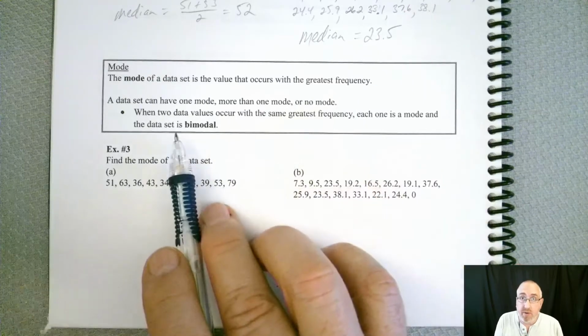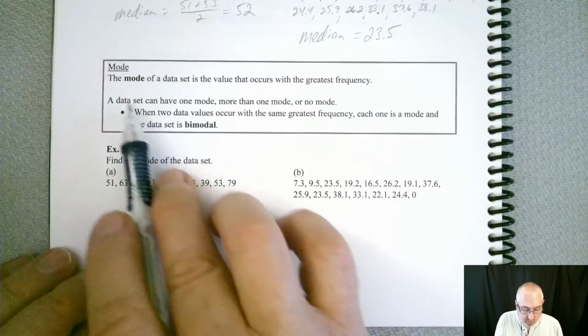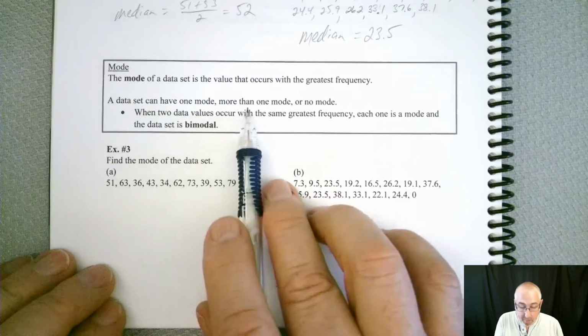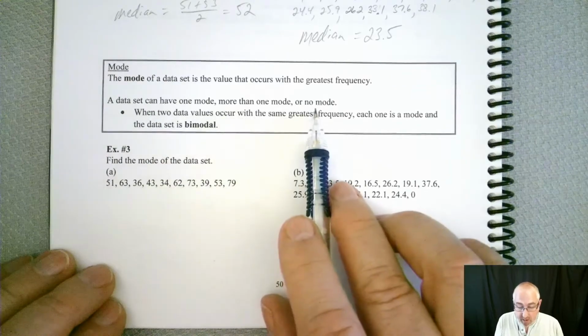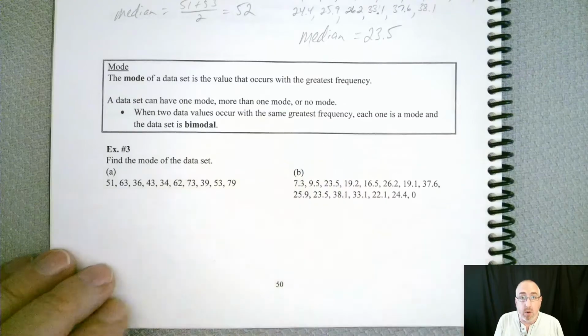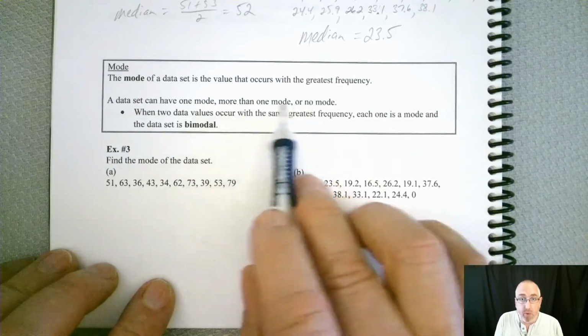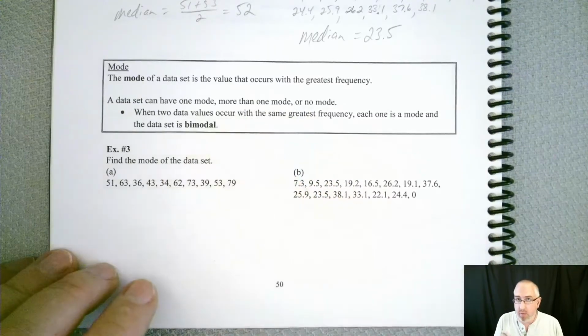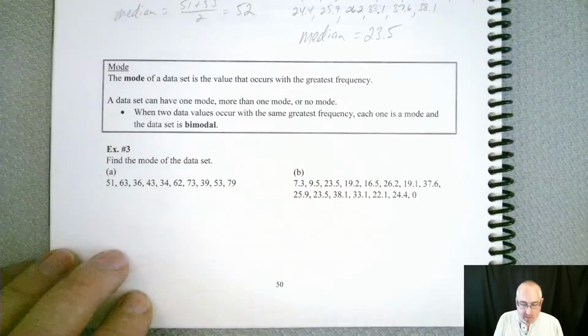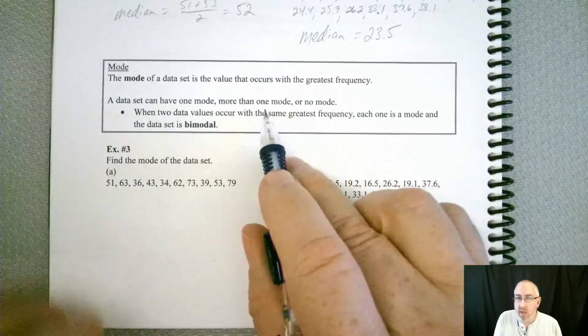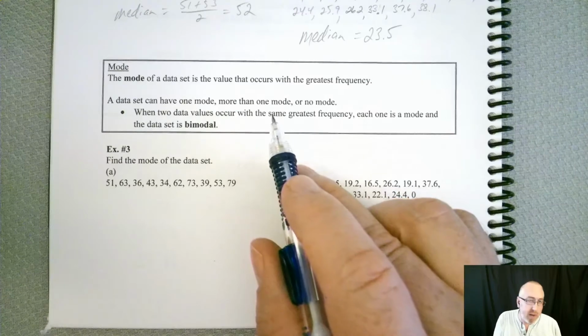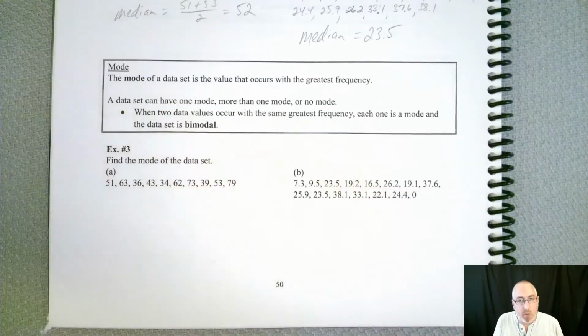Now, there are some different cases of modes that we could have. We could have one mode, we could have more than one mode, or we could have no mode. The more than one mode and no mode cases are kind of linked together. Some textbooks will say that you could have a multi-mode, so lots and lots of modes.